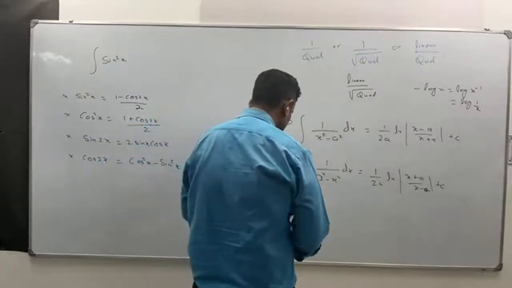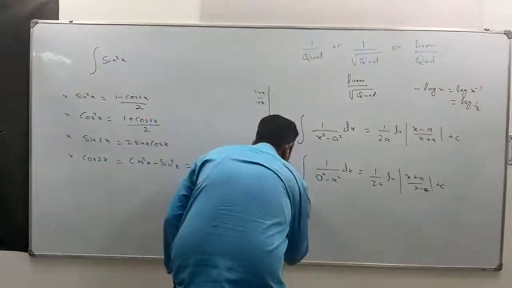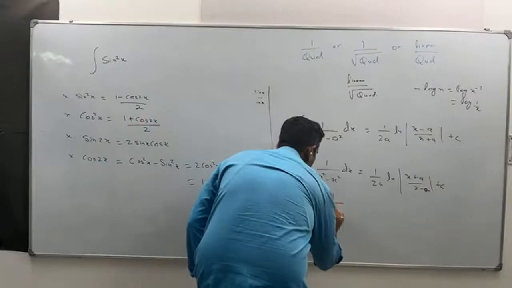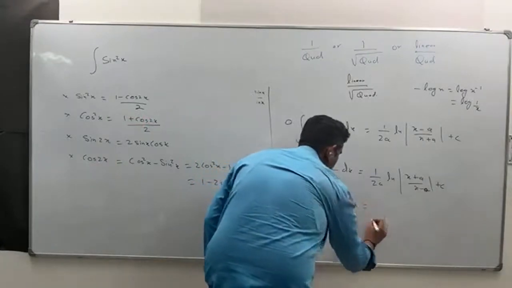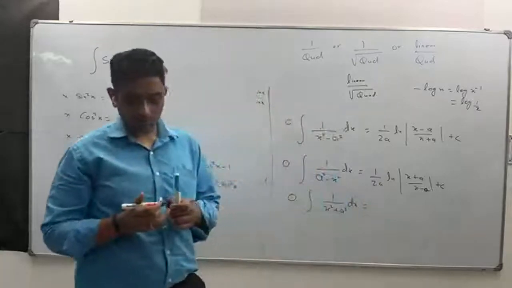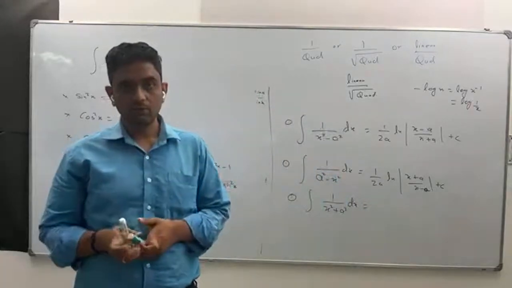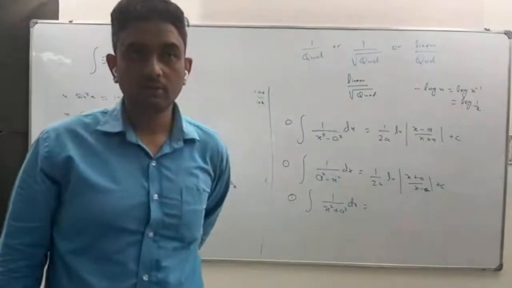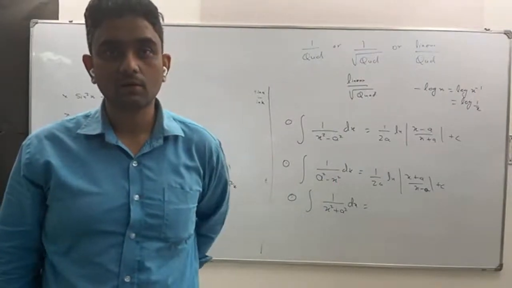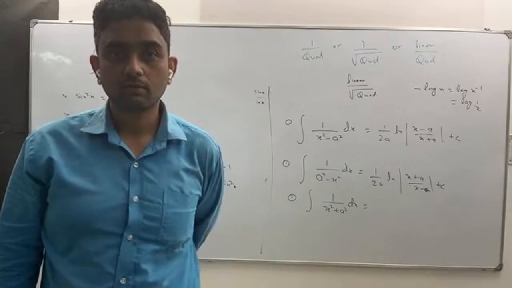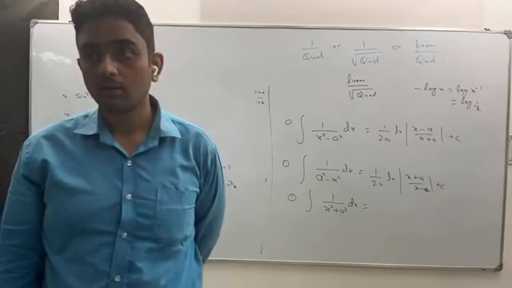So the last one is integral of 1 upon x square plus a square dx. So what should it be? Can you guess what kind of formula you will get? We have done a question in the beginning of the class: 1 upon 1 plus x square. Correct. It came tan inverse.